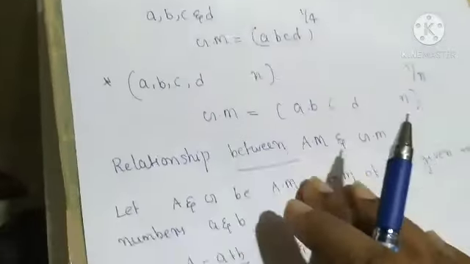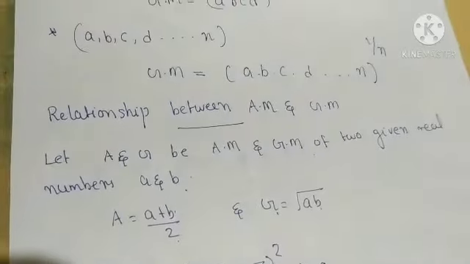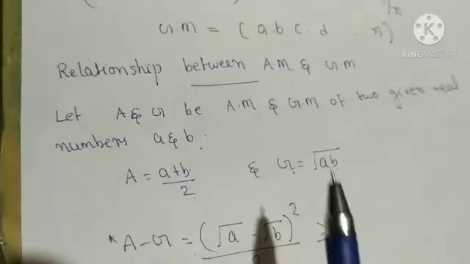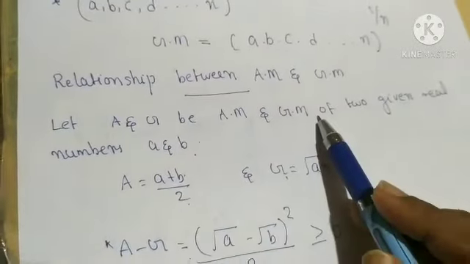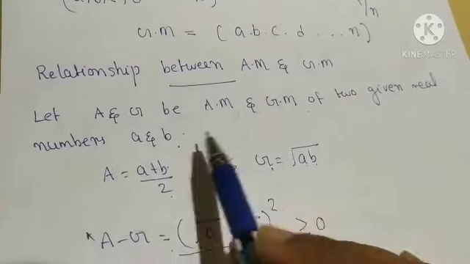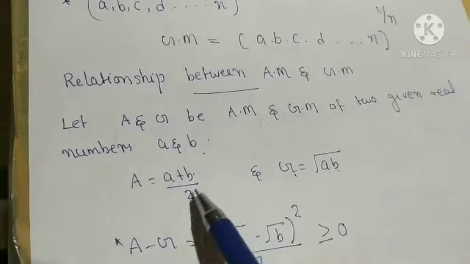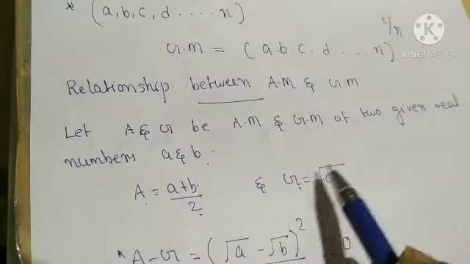Next, the relationship between AM and GM, that is, the relationship between arithmetic mean and geometric mean. Let capital A and G be the arithmetic mean and geometric mean of two given real numbers a and b. We know that the arithmetic mean between two numbers is (a plus b) by 2, and the geometric mean between two numbers is root ab.